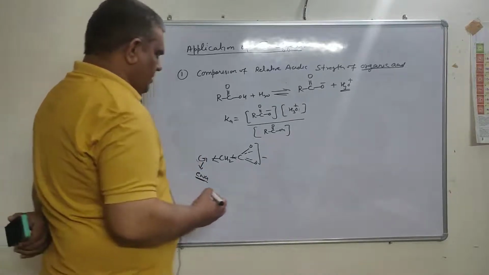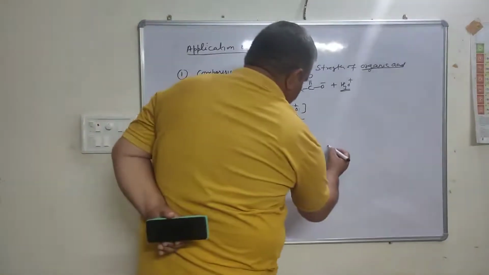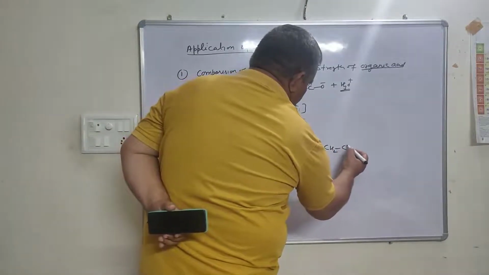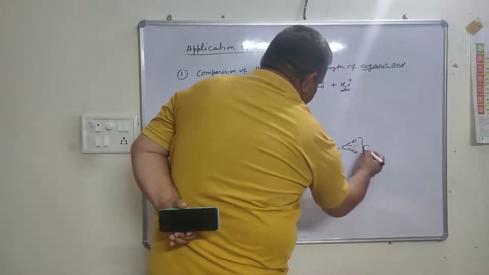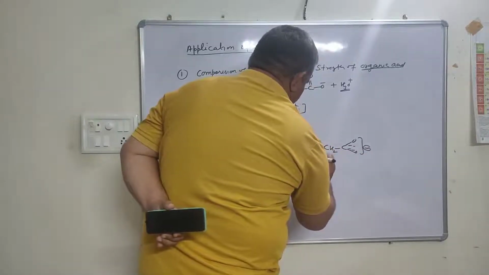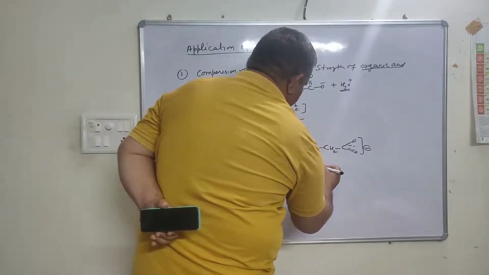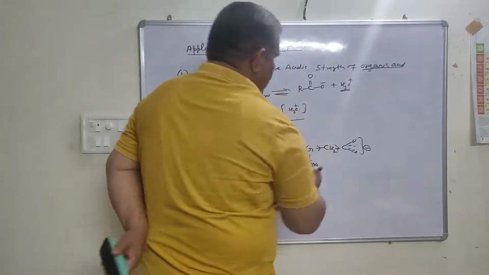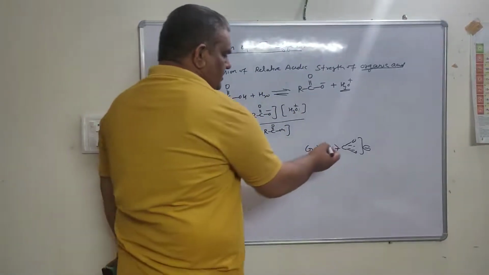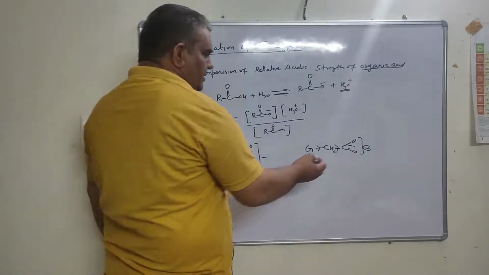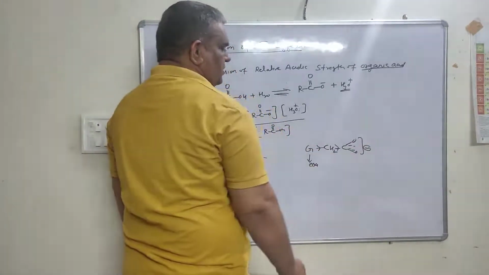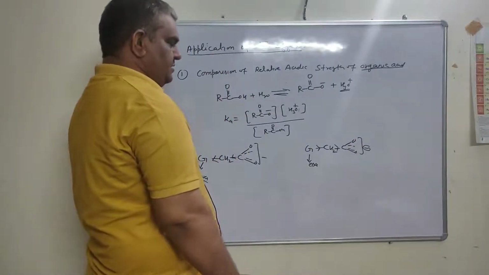acidic character. If we take an electron donating group, CH2, with G here as an electron donating group, this G intensifies the negative charge by donating the electrons, destabilizes the carboxylate anion and decreases the acidic character.